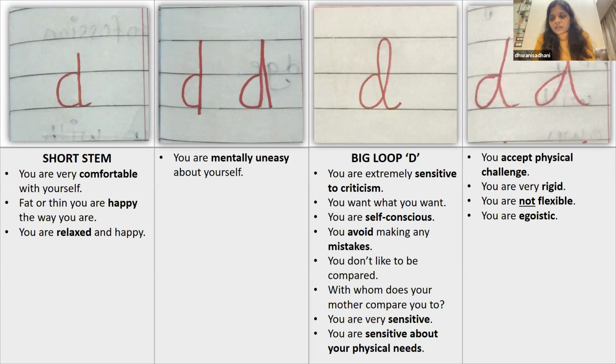Why does a person become so sensitive to criticism, or why does a person become so aggressive when you criticize them? It's because there could be one possibility that as a child, the elders of the family would have shouted at them in front of relatives, in front of guests, when they made a mistake. So the child feels very ashamed, and eventually they become very sensitive to criticism.